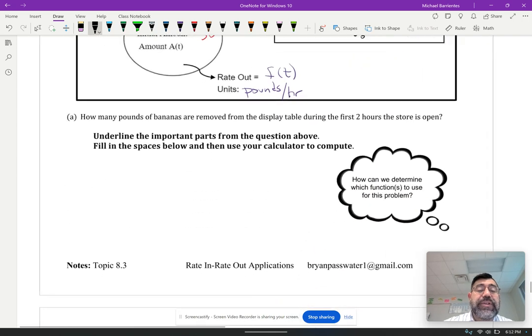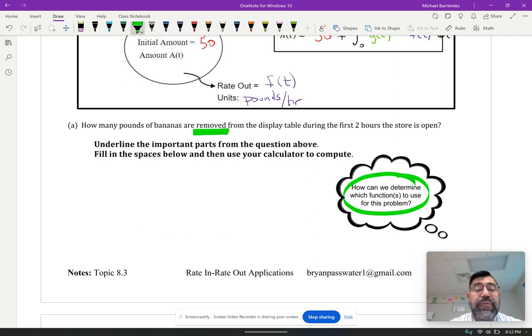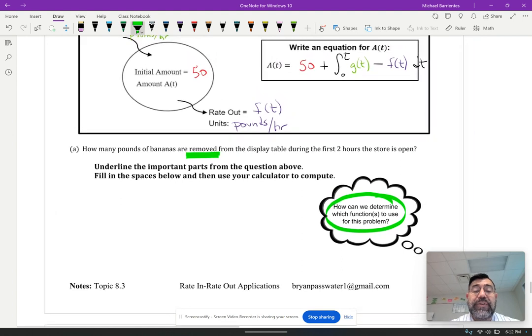Okay, what else do we know, or what else do we want to know? How many pounds of bananas are removed from the display table during the first 2 hours the store is open? This is easy. Now wait, how do we know? Here's the question: how can we determine which functions to use? Well, it's talking about removal, and removal has to do with rate out.